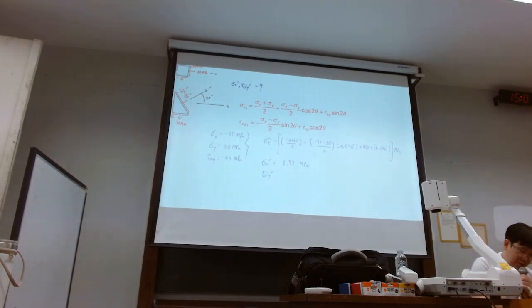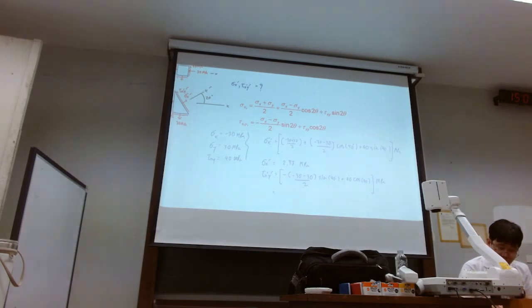Tau x prime y prime: again here we have minus 30, another minus 30 over 2, and I have to put the MPa at the end. So this is going to be 40 cosine of 40 degrees, MPa at the end.